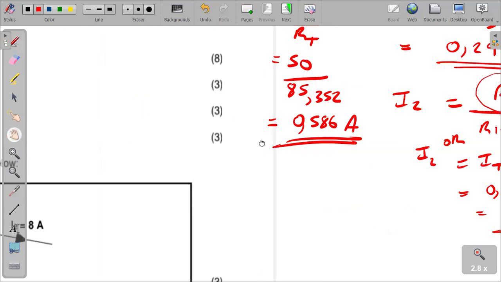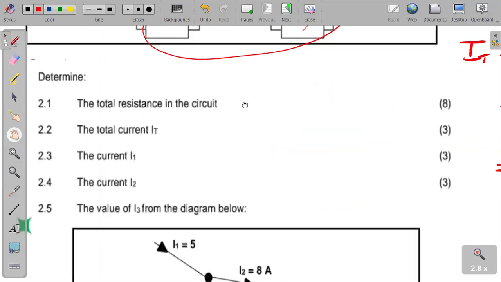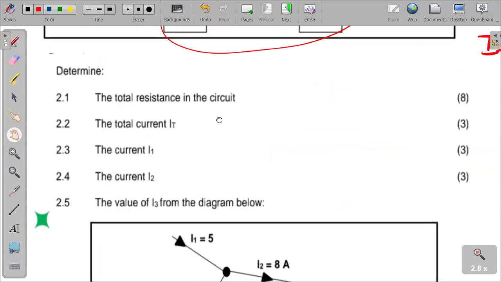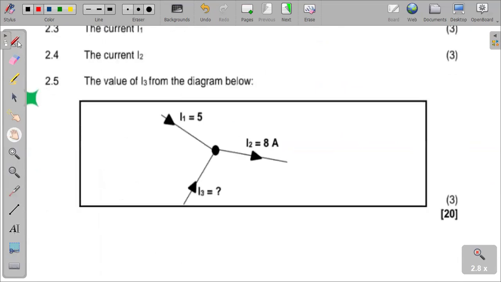The next question is now saying the value of I3 from the diagram below. So here now they are asking about that Kirchhoff's current law. What is it saying? It says the current entering a junction is equal to currents leaving a junction. How many currents are entering? We have I1 plus I3. They are entering the junction. They are equal to how many currents are leaving? We have I2 is leaving the junction.